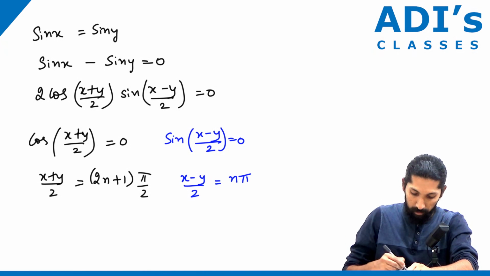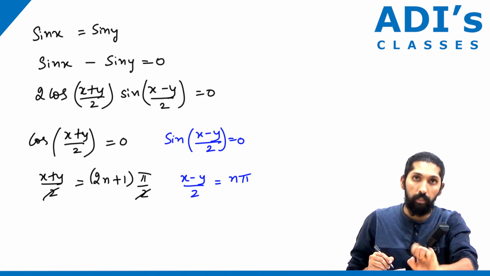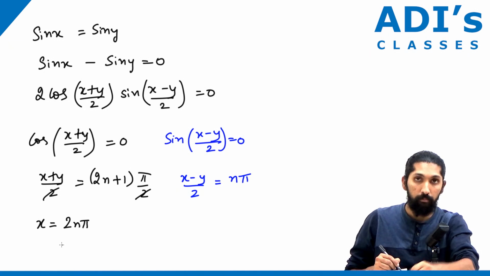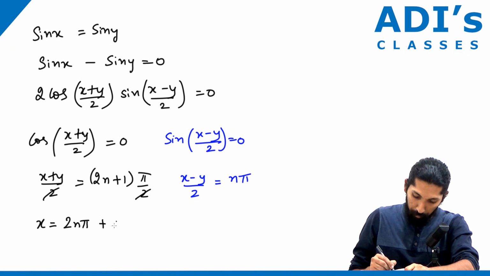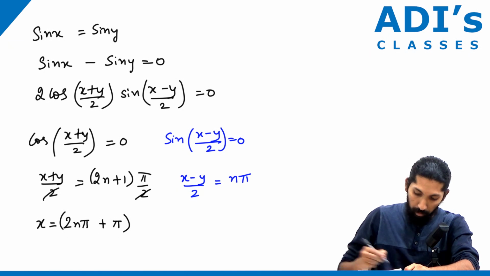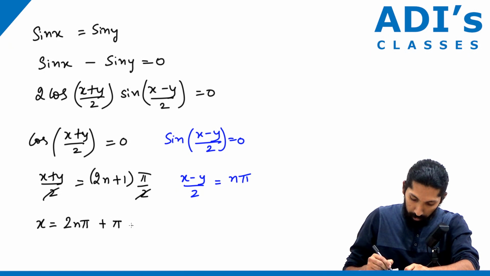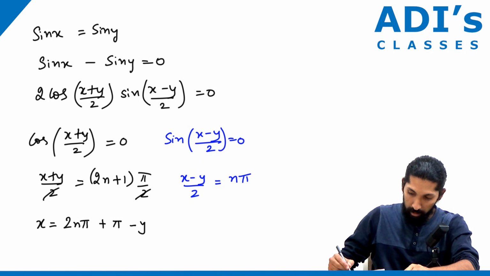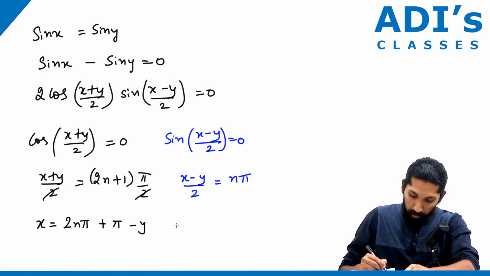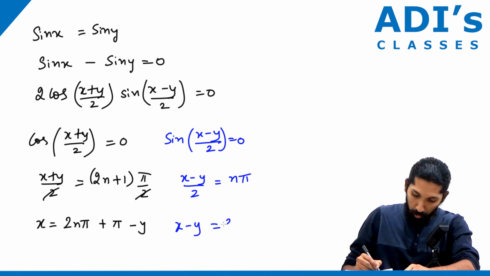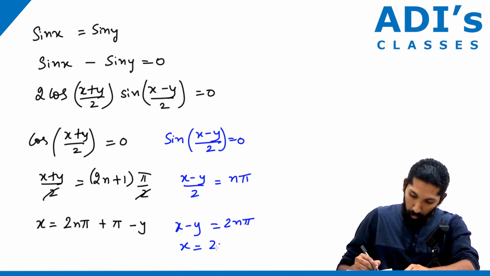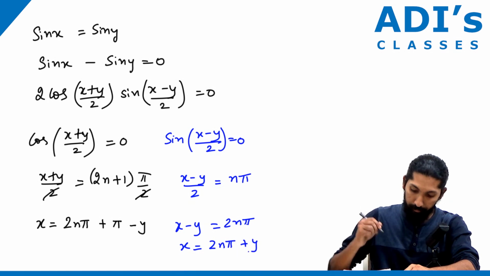Now, let's simplify this. 2 and 2 get cancelled. So in the first case, x is equal to 2n pi plus pi, whole thing minus y, or you can just say this minus y. In the other case, x minus y is equal to 2n pi, so x is equal to 2n pi plus y.